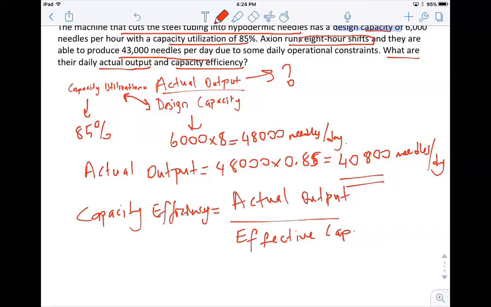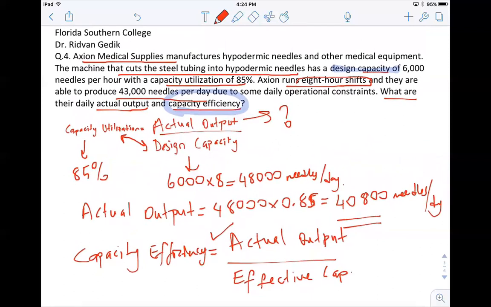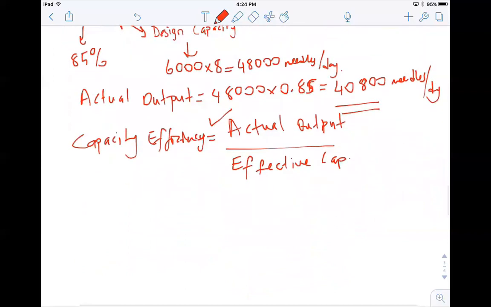In this case, we are asked to find the capacity efficiency, and we just calculated the actual output. Do we know the effective capacity? Let's take a look at the question. It says that they are able to produce 43,000 needles per day due to some daily operational constraints. This is exactly the number I'm looking for.